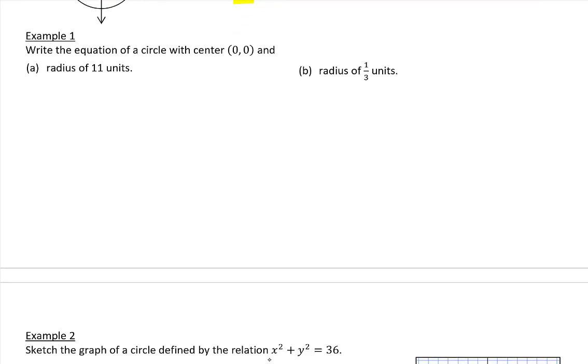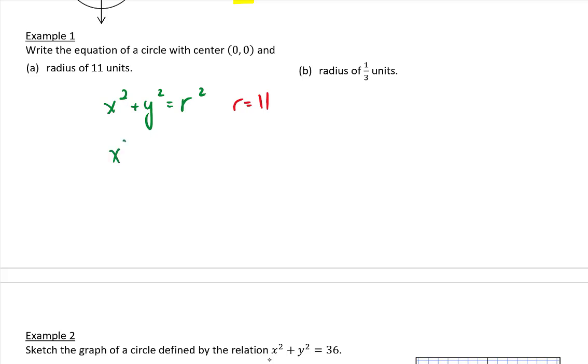So let's start with the first one. Write the equation of a circle with center 0, 0. So as soon as we see that, we know it's going to be x squared plus y squared equals r squared. And we're given that the radius is 11. So where I see the value r, I'm going to replace it with the number 11.